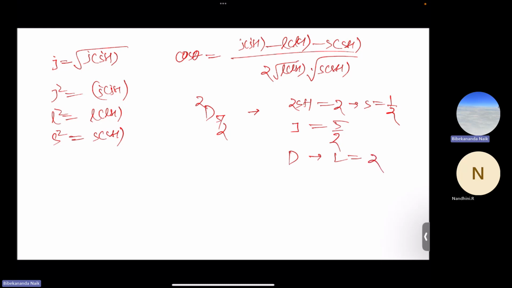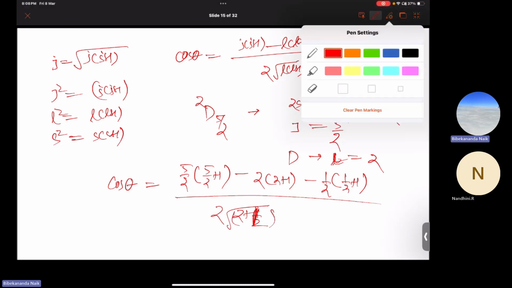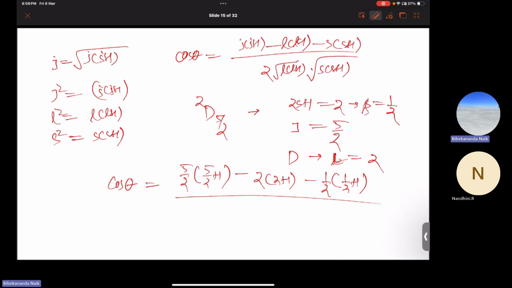So we have these three values, L, S, and J. So if you put these values, then cos theta will be 5 by 2 into 5 by 2 plus 1 minus 2 into 2 plus 1 minus half into half plus 1 divided by 2 into root over 2 into 2 plus 1 root over half into half plus 1.